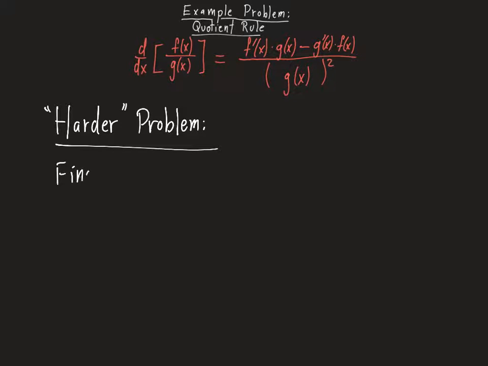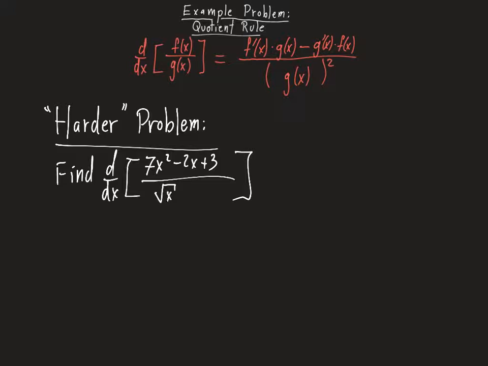Let's say I asked you guys to find the derivative of, let's say I have 7x squared minus 2x plus 3 in the numerator. And in the denominator, I have square root of x plus 2e to the x.